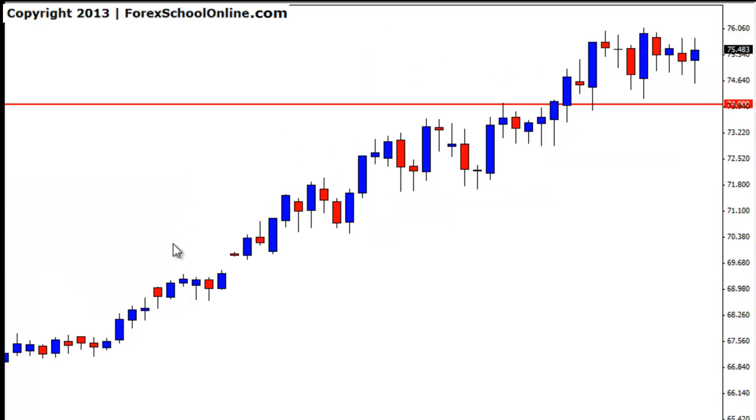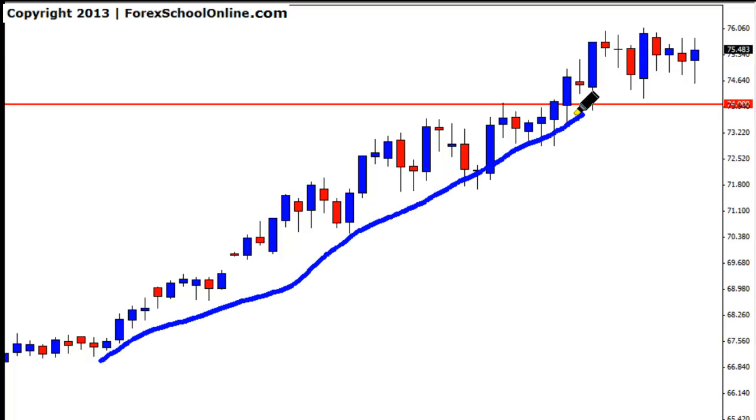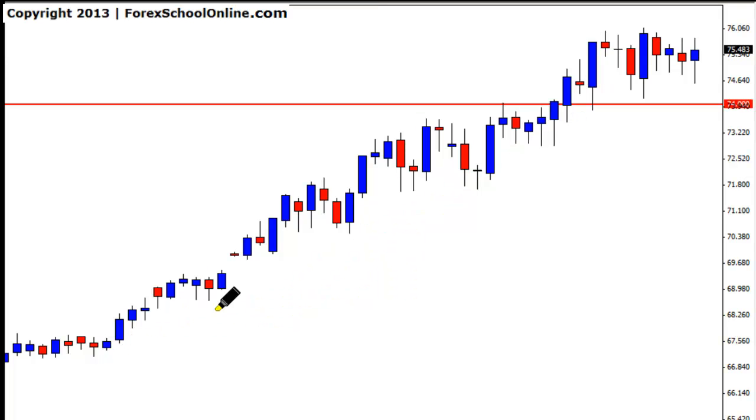Now, another chart showing this point is the Singapore dollar Japanese yen chart. I just wanted to pull this chart up to highlight the point that when strong trends are in place, the retracements can quite often be very shallow. So you'll see we have this uptrend in place. We get a small rotation lower here, and then we get a bullish engulfing bar, and the trend continues.